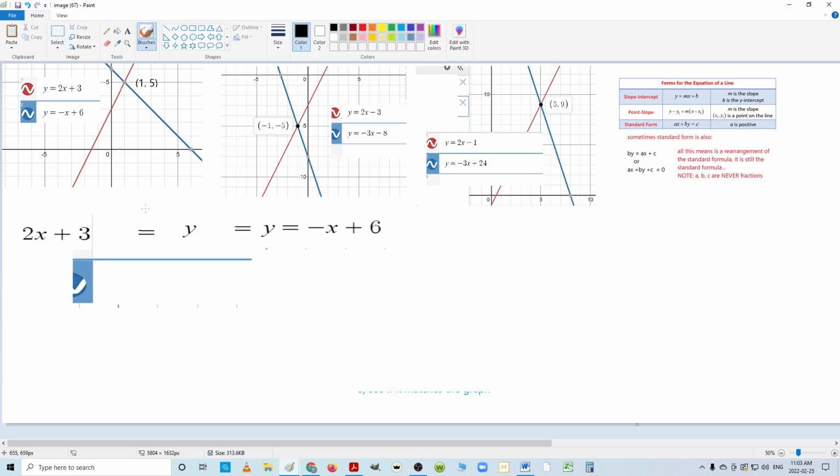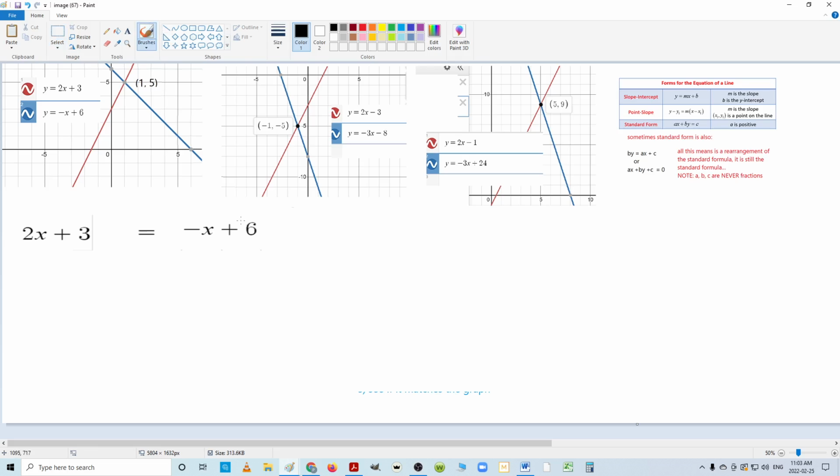Since this formula here is equal to y, and this y is equal to that y at that one point, and that y is equal to that formula as well, it's safe to say that at that one point, their formulas must be equal. So when it's in y-intercept form, it's very easy. You just make the values equal one another. And I'll show you a second method after I'm done this.